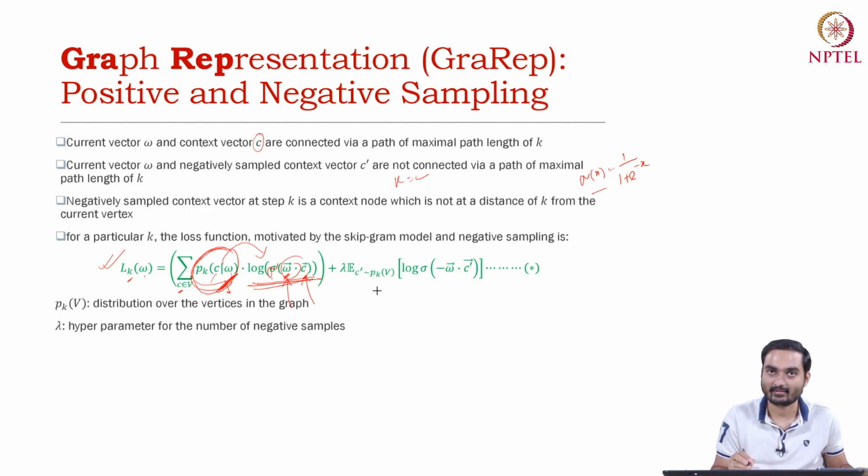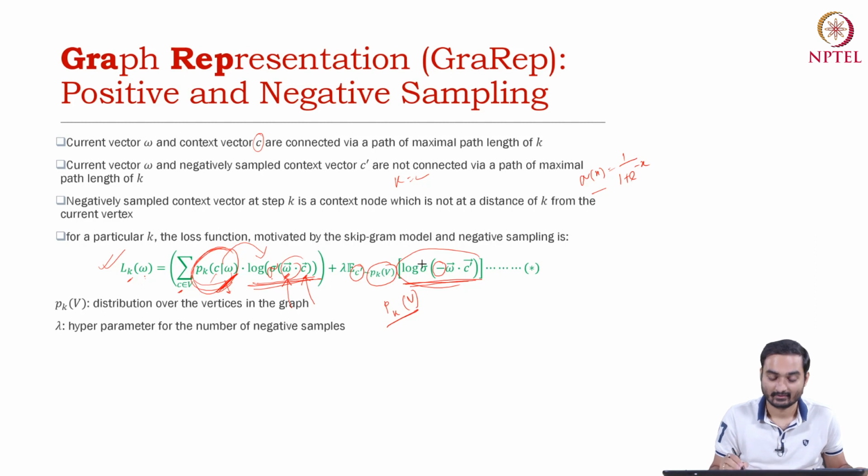At the same time, we have negative sampling. P of kV is essentially a distribution of vertices. We sample a vertex C dash, which we assume to be the non-context vertex, and then we pass the same thing through a sigmoid activation, but this time with a minus.